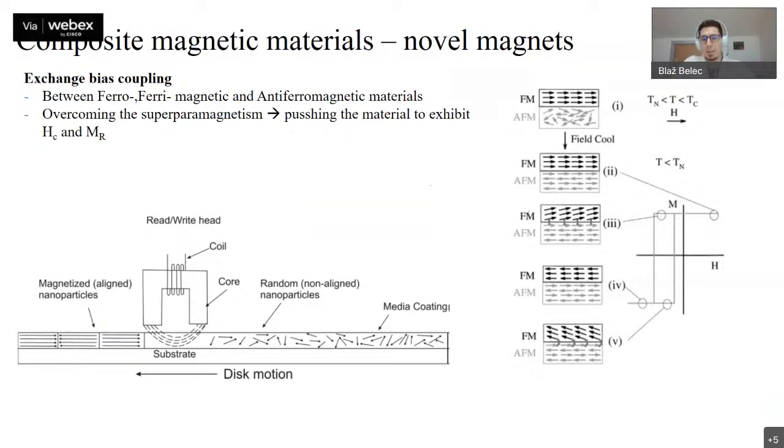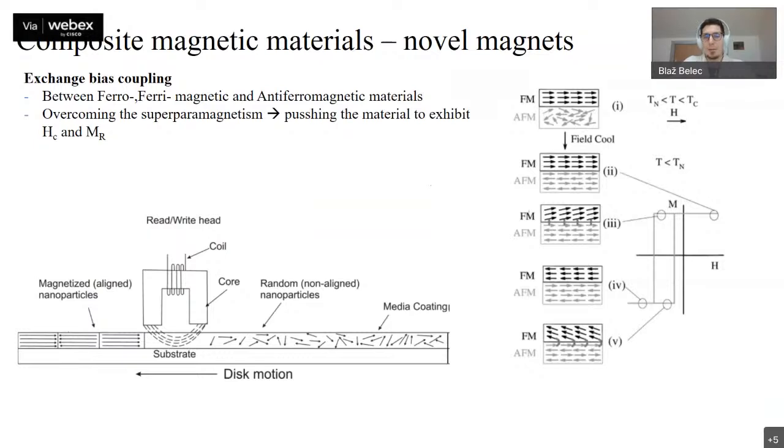And as I said, with decreasing particle size, we reach the superparamagnetic limit. At the superparamagnetic limit, thermal energy prevails over the magnetic moment, and such particles don't exhibit spontaneous magnetization.